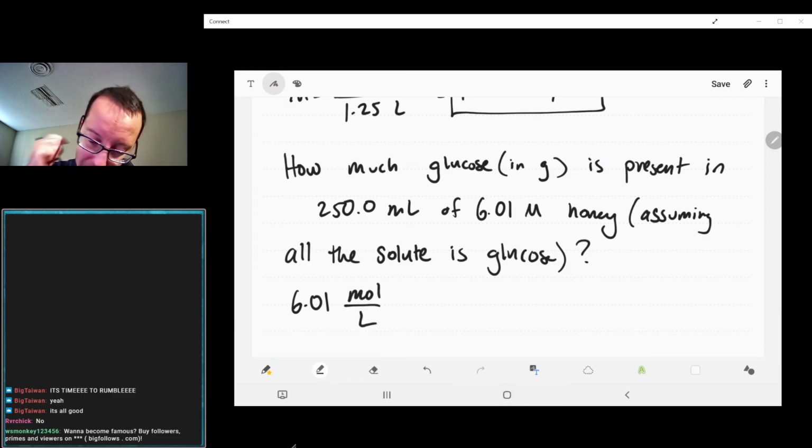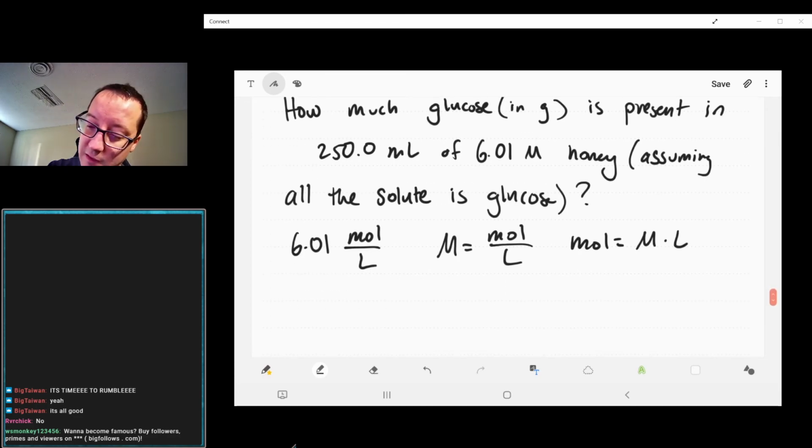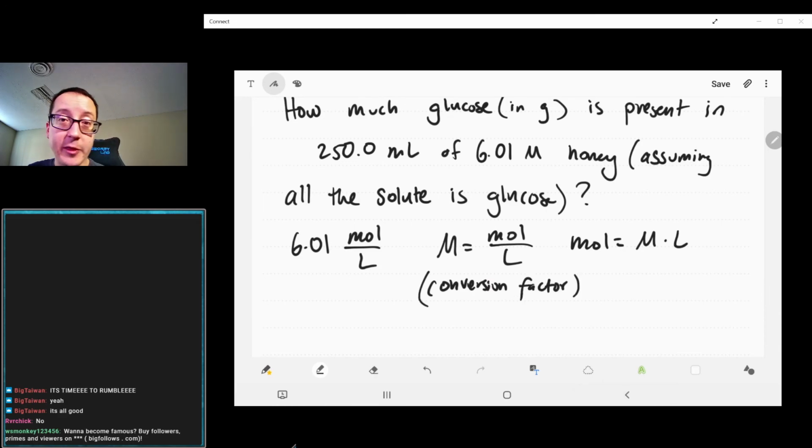Moles of glucose per liter. And so we also have a volume here. So if you want, you can use molarity as an equation and say, okay, well, moles is therefore just molarity times the volume in liters. That's okay. Or you could just use this as a conversion factor. And that's how I'm going to be using it throughout the rest of the course.